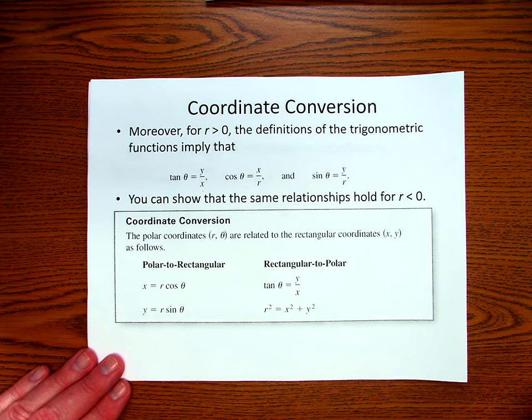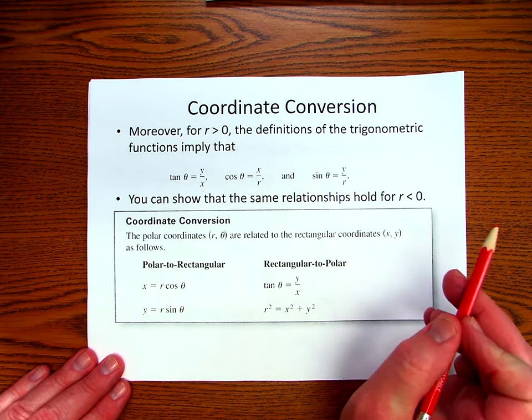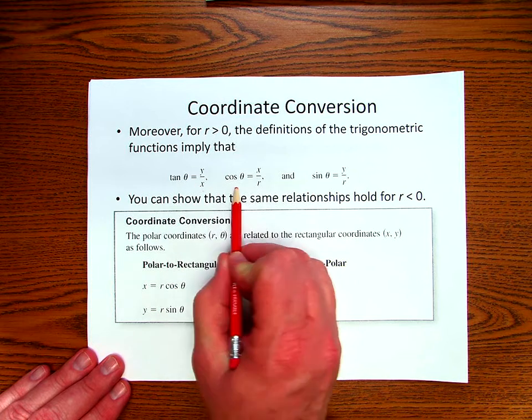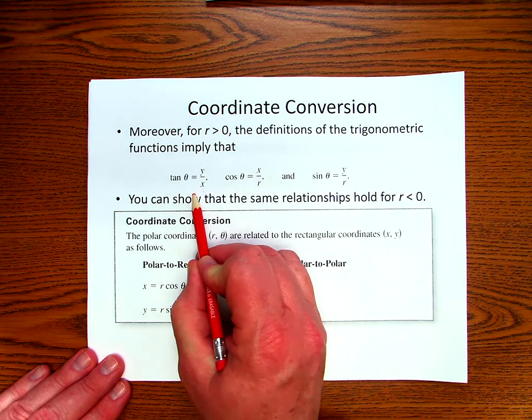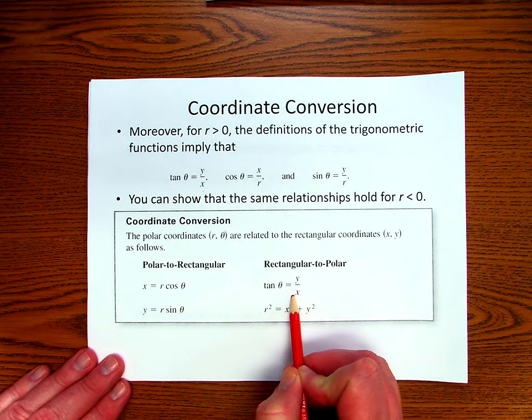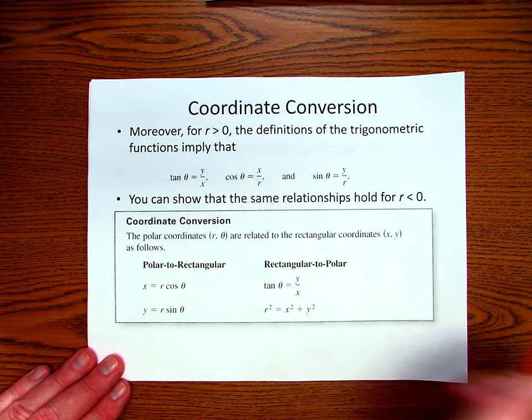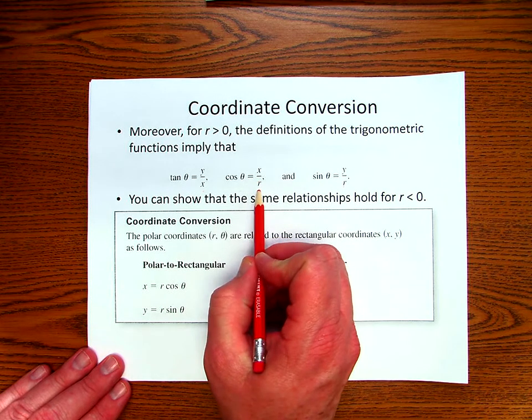So, in our chapter 4 days, these three guys were true. This one, we're pretty much going to leave it alone in our chapter 10 applications. For these two, it's much more convenient to multiply both sides by r.